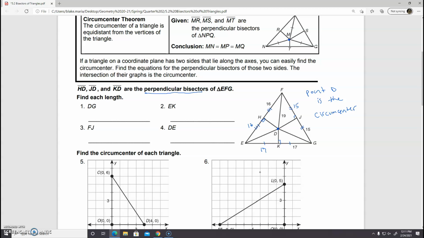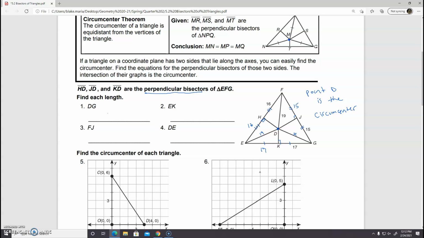All right, let's go. D to G. So remember, the one thing we learned about the circumcenter is it's equidistant to every vertex. So D to G is the same as D to E, is the same as D to F, which they wrote as 19. So DE is 19, DG is 19.